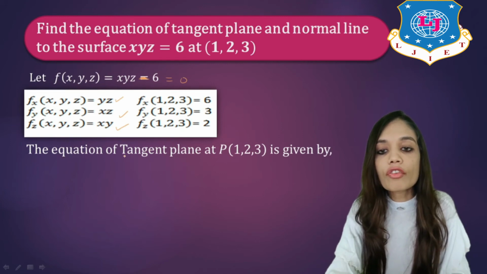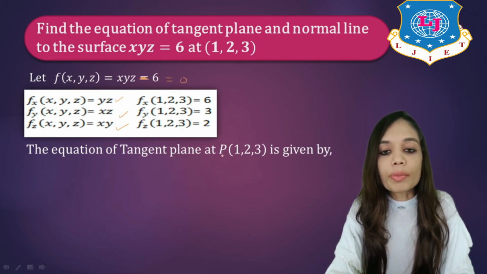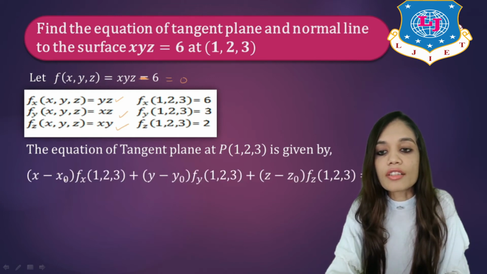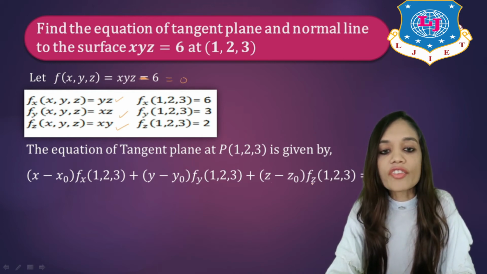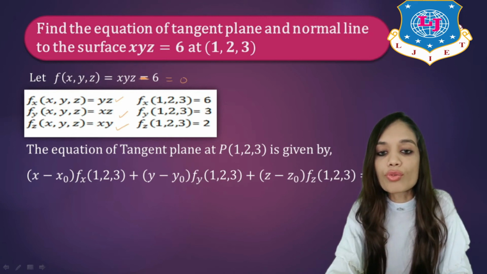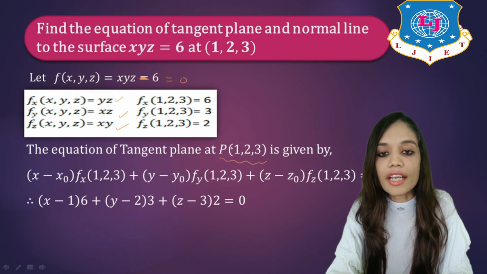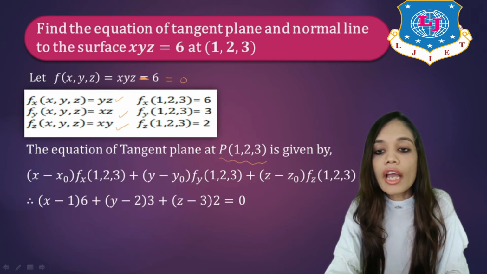So the equation of tangent plane at P (1, 2, 3) is given by (x minus x0) fx at (1, 2, 3) plus (y minus y0) fy at (1, 2, 3) plus (z minus z0) fz at (1, 2, 3) equals 0. Now let us put the value of point P, that is x0, y0, z0, and the values of partial derivatives.